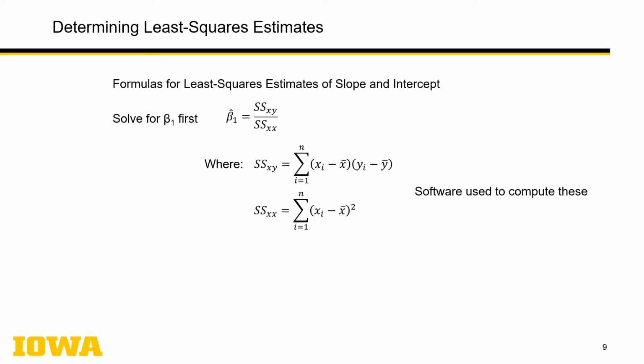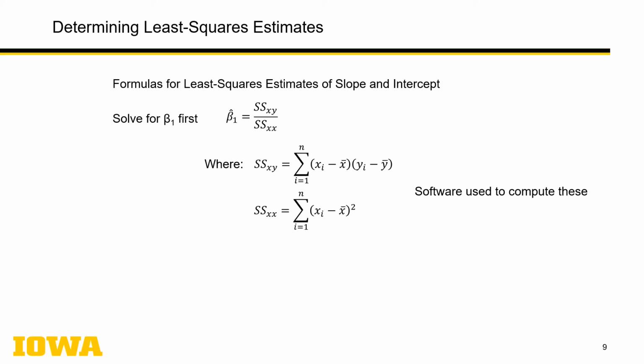So what are those S's? They are also a type of difference squared, except the sums of the squares of the x's relative to the y's are, you can see, the x's minus their mean times the y's minus their mean, sum all those up, divided by the x's minus their mean squared.